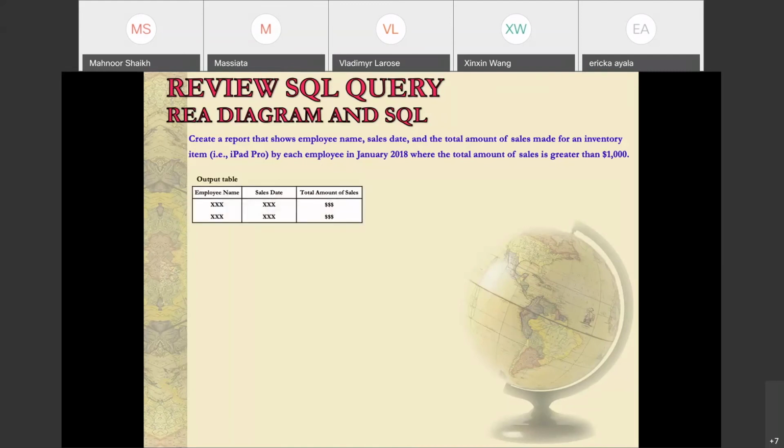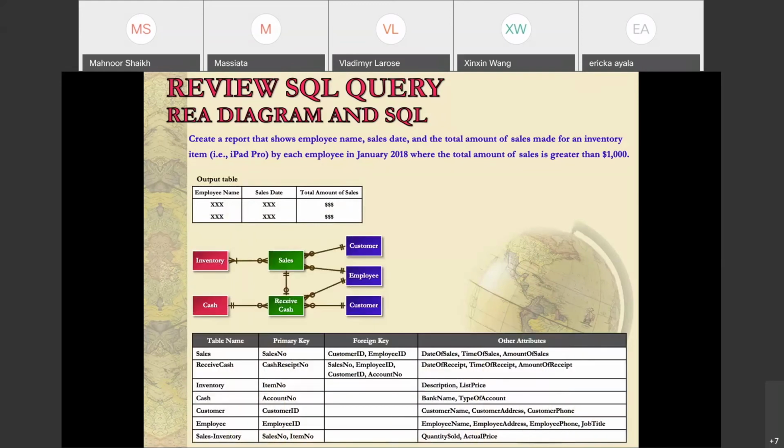The output table will be like this: an employee name, a sales date, and total amount of sales. This is the ideal output table. And then this is the REA diagram and the relational database information.